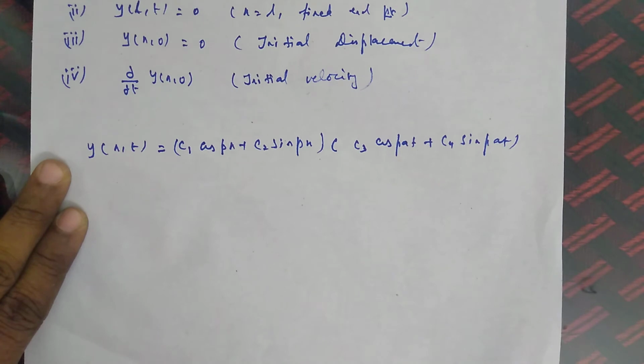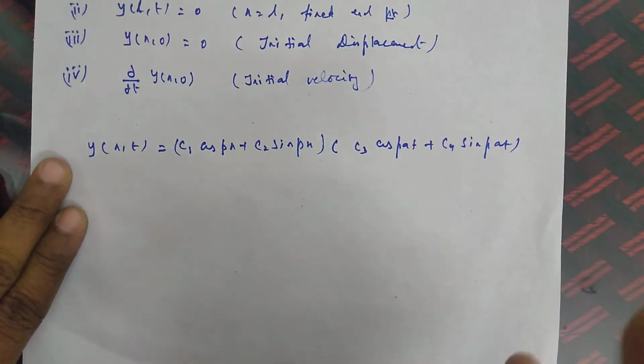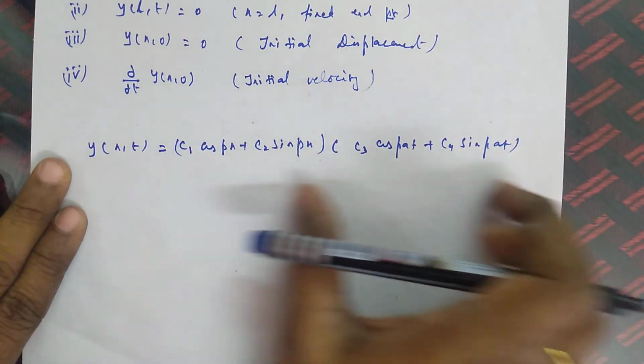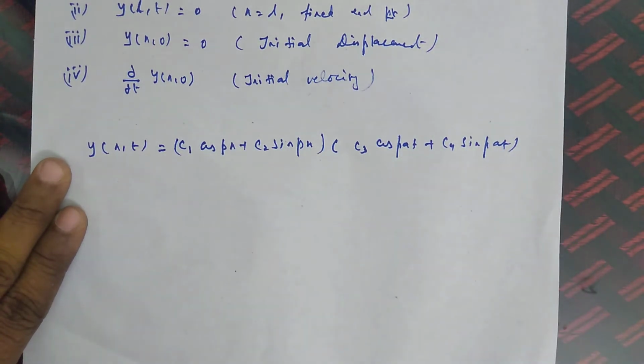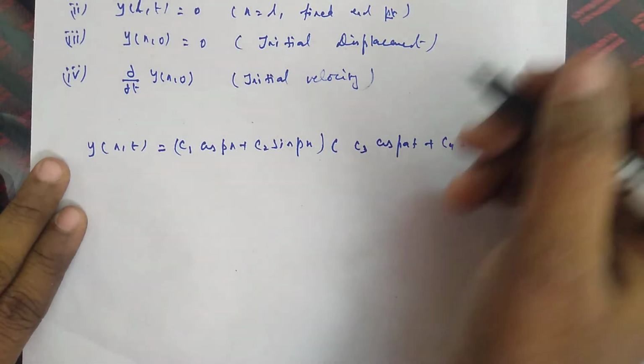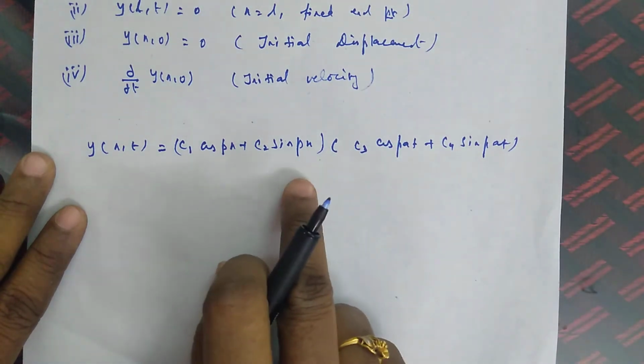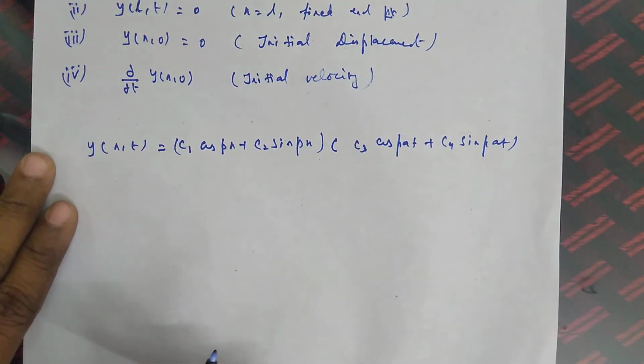You know why? Because this solution only satisfies the boundary conditions of the string. We have taken a string, no? So this solution only satisfies the boundary conditions of the string. That is why we are taking this as the right solution for the one-dimensional wave equation.